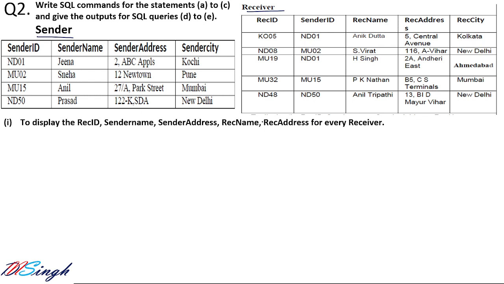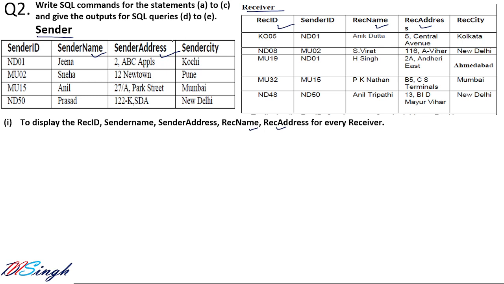Sender name and sender address are available in the sender table. Receiver name and receiver address are available in the receiver table. So that is clear. We want data from two tables.